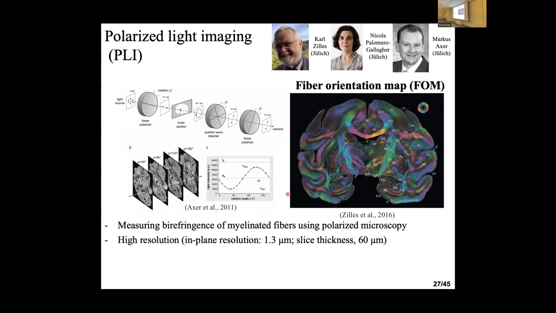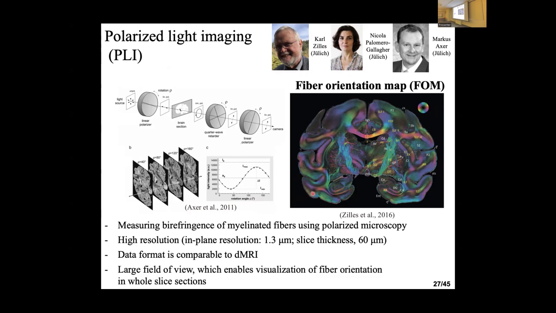The advantage here is you can go super high resolution in this approach, unlike diffusion, even higher than ex vivo diffusion. Unlike any of the staining approaches, the data format is closest to diffusion. You can see colored fiber orientation, but with better spatial resolution.